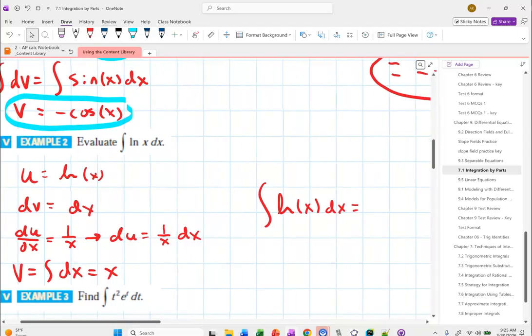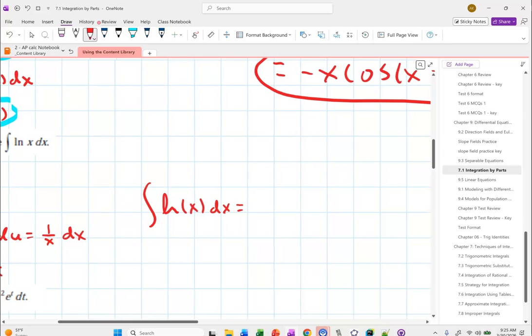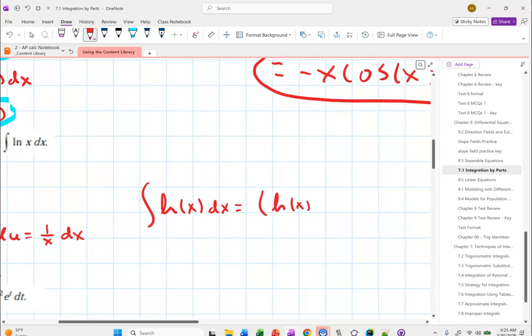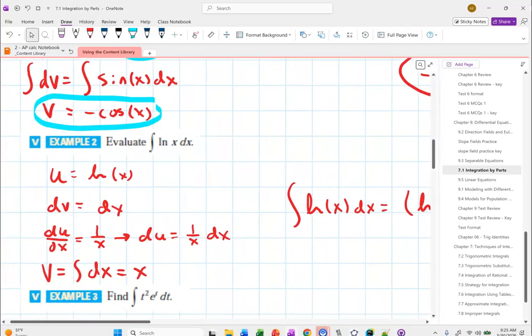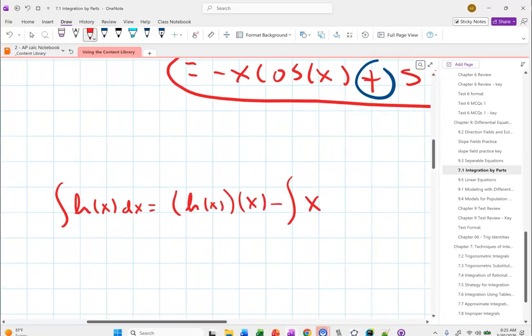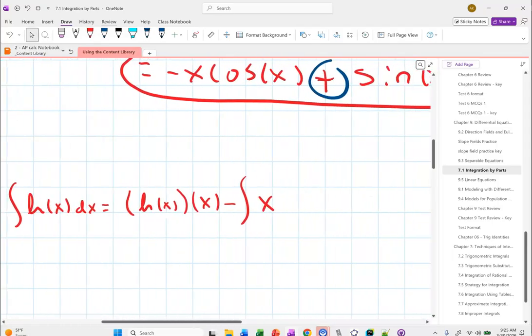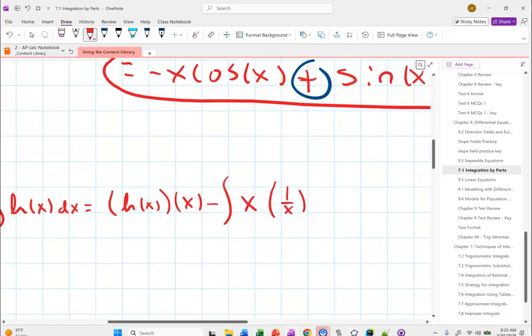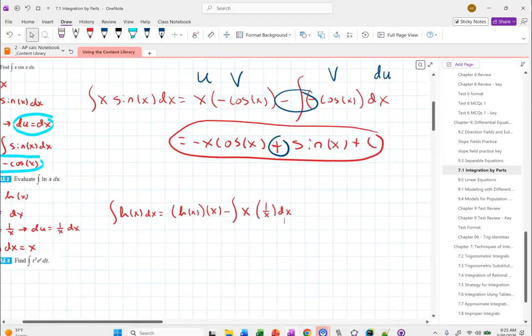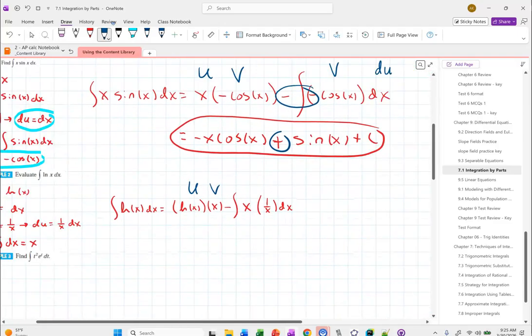So this is going to be u times v minus the integral of v du. So again, uv minus integral v du.